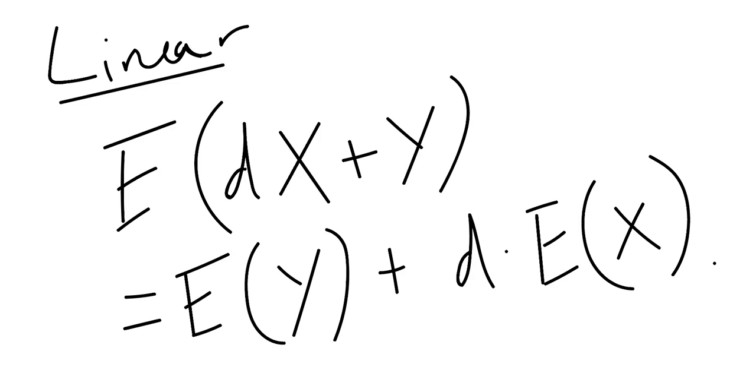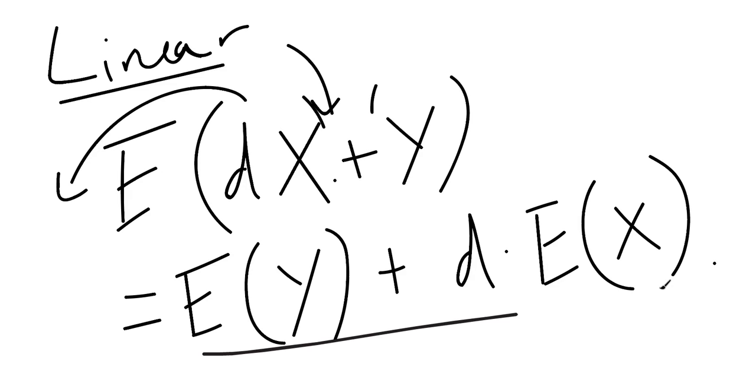We can just bring this d to the outside and separate this addition into the addition of two expectations, and that is precisely why we say that expectation is linear.